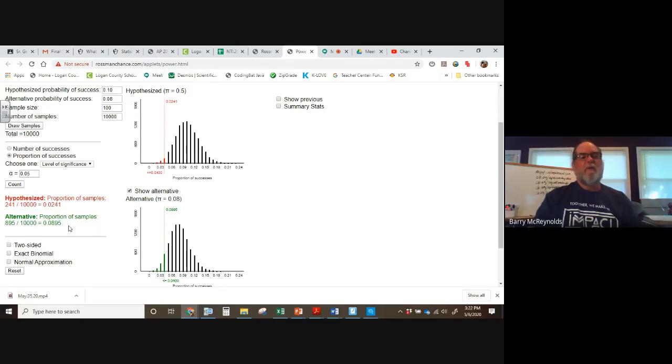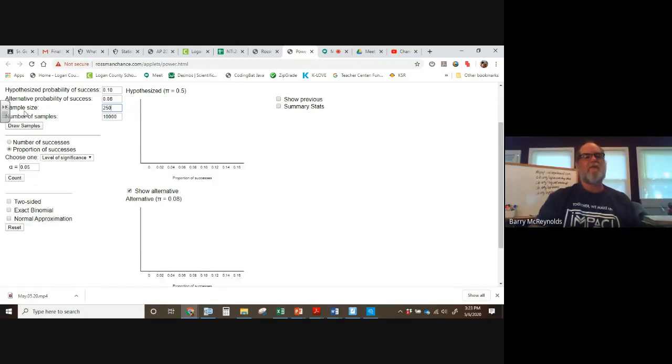So I'm really, really far from 0.64, okay? I'm going to have to increase my sample size to improve my ability to reject the null hypothesis when it is in fact false.